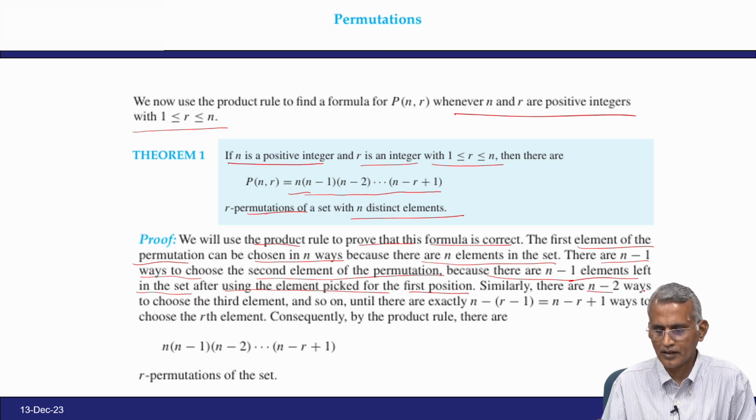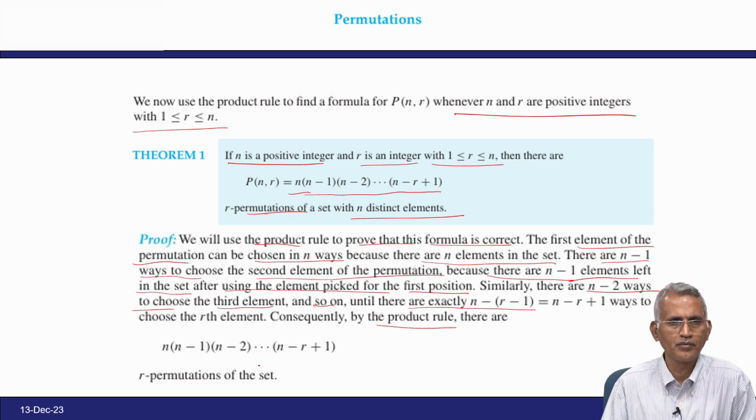Similarly, there are n minus 2 ways to choose the third element, and so on, until there are exactly n minus (r minus 1), equal to n minus r plus 1, ways to choose the rth element. Consequently, the product rule says that there are n into n minus 1 into n minus 2 and so on up to n minus r plus 1 r-permutations of the set. So, this way we can prove the general form of nPr.